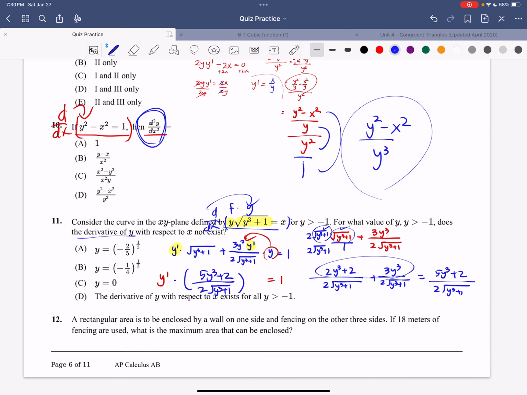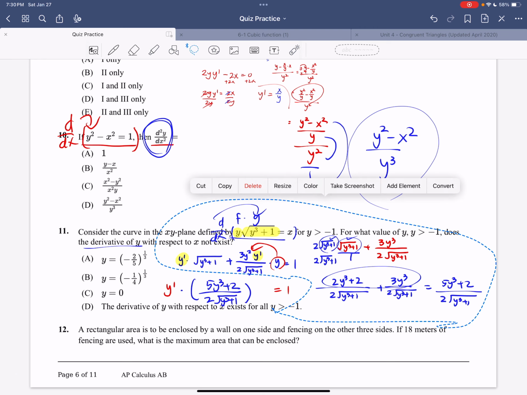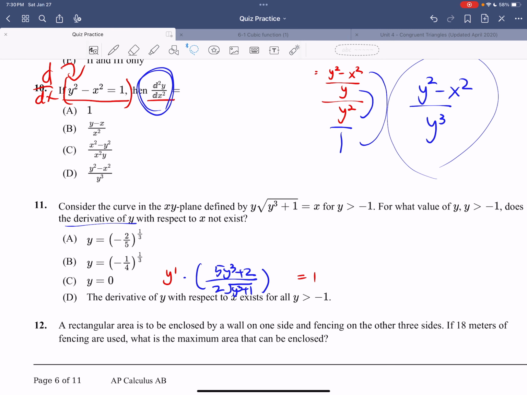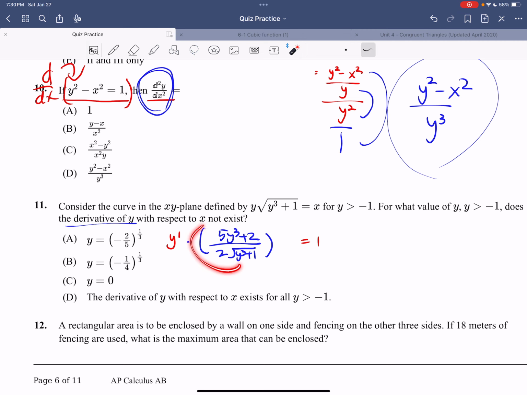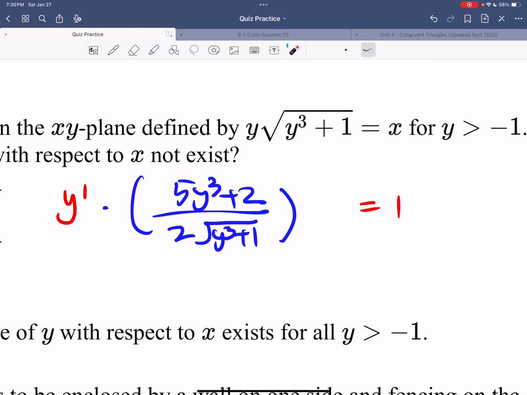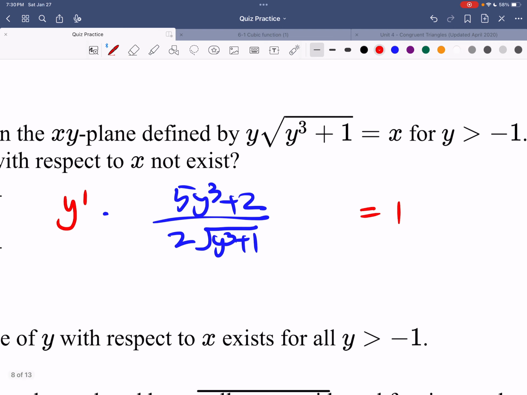Now what we have to do is, I'm gonna erase all these things for more space. Delete. Now, question is, I have to move this thing to the other side, right? In that case, you have to multiply by its reciprocal, which means you gotta multiply by 2 square root of y to the third power plus 1 over 5y to the third power plus 2, like here and here.